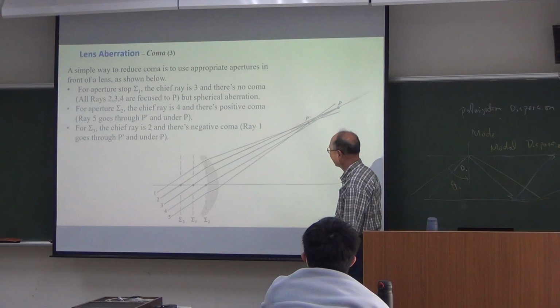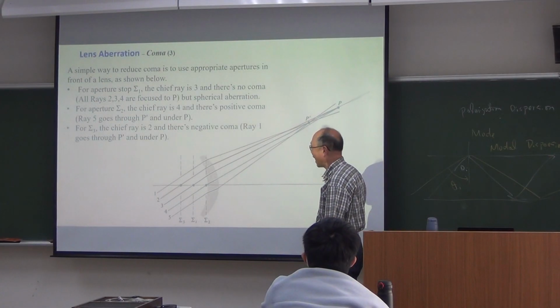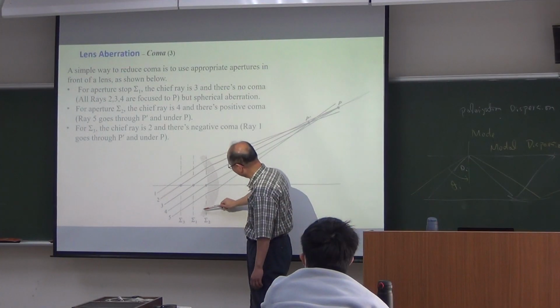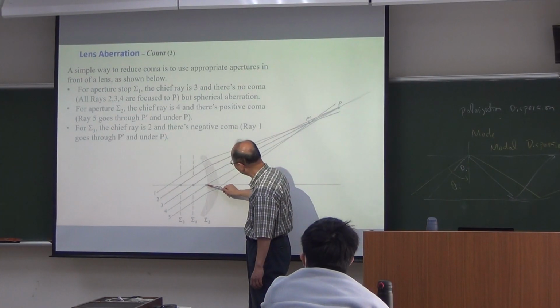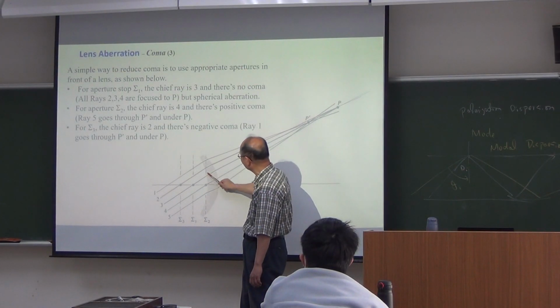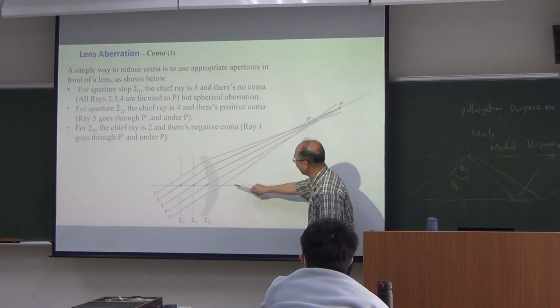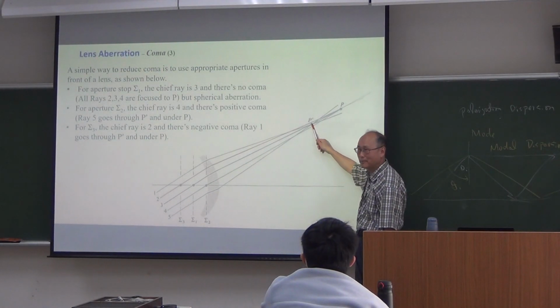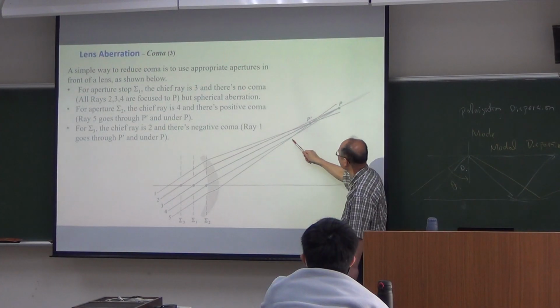But if you use a different kind of aperture, for example sigma 2 right here, then this is going to be your chief ray, and you see that these two will still focus to this point. But this off-axis ray is going to go to this point if you trace this beam.